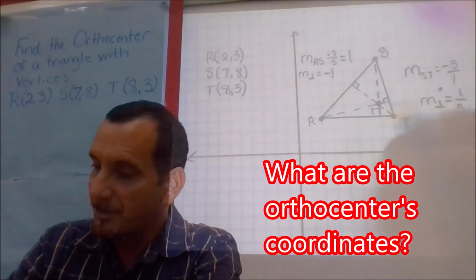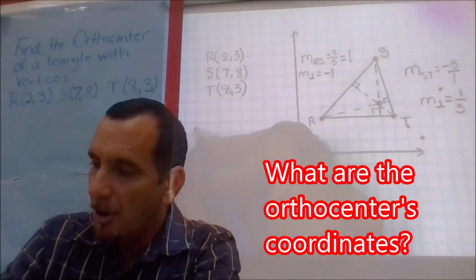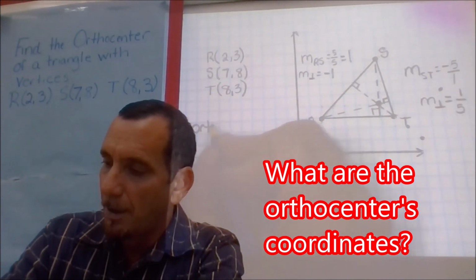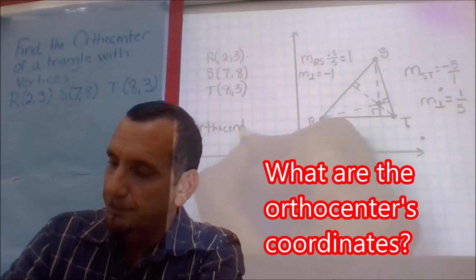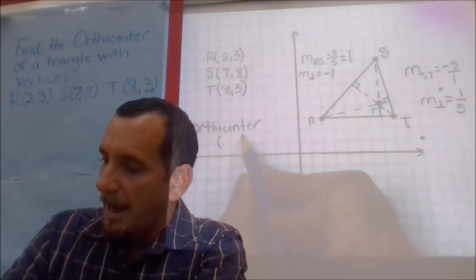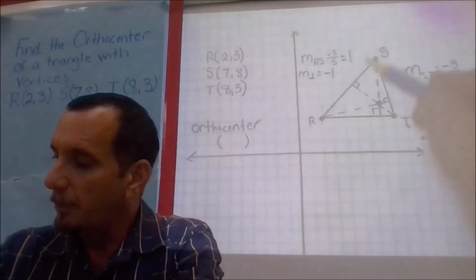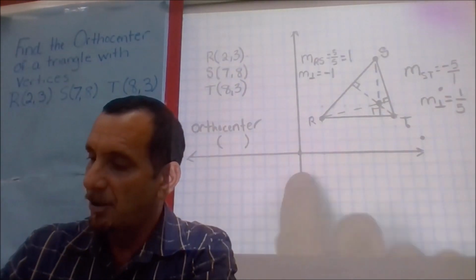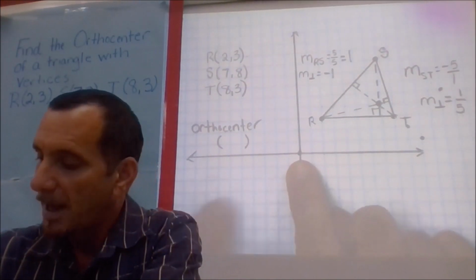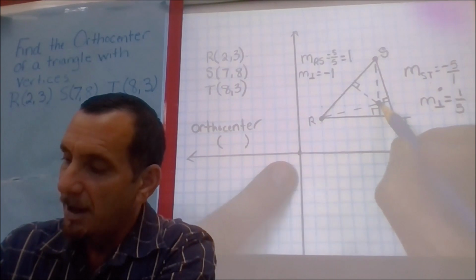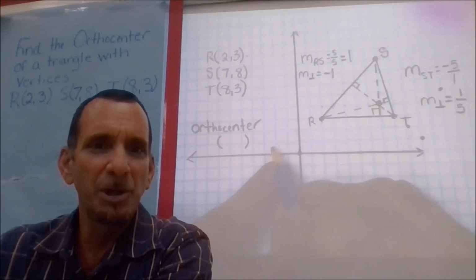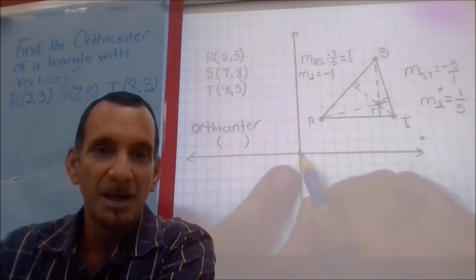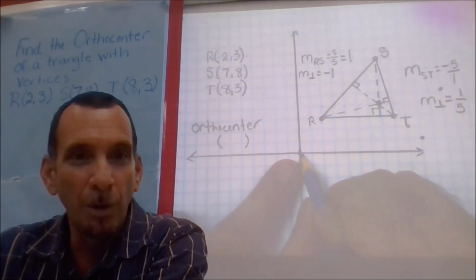That was a pretty quick problem, except we have to finish it off because we want the coordinates of the orthocenter. So I'm just going to write it right on over here. Orthocenter. And this is where you have to be really careful because our coordinate system is here and we start at (0, 0). If they want the coordinates of the orthocenter, remember you have to find the coordinates with reference to the origin.